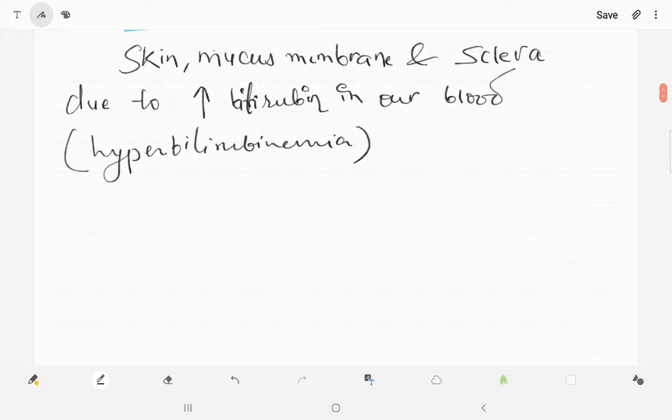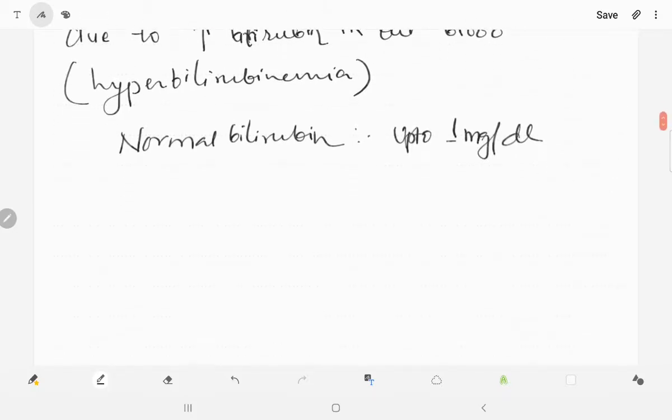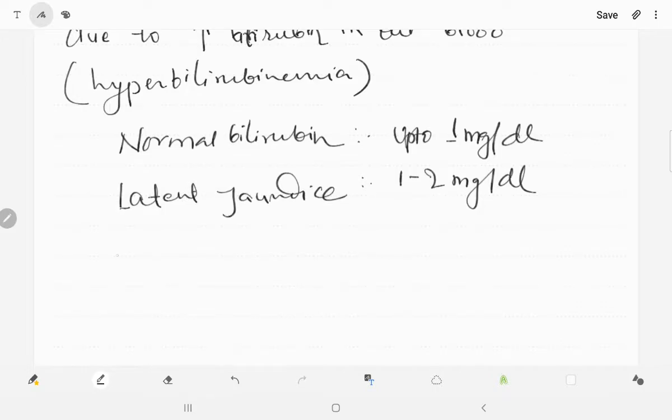Normal serum level of bilirubin is up to 1 mg per deciliter. However, it can rise up to 1 to 2 milligram per deciliter without showing any clinical sign of jaundice, called as latent jaundice.